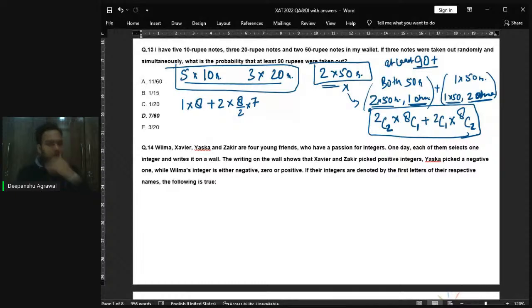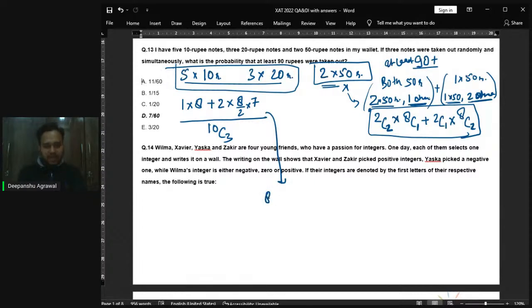This whole quantity should be divided with, how many notes are there? 5, 3, and 2, 10. All possible ways of selecting 3 notes out of the available 10 notes. So 10C3 should be in the denominator.